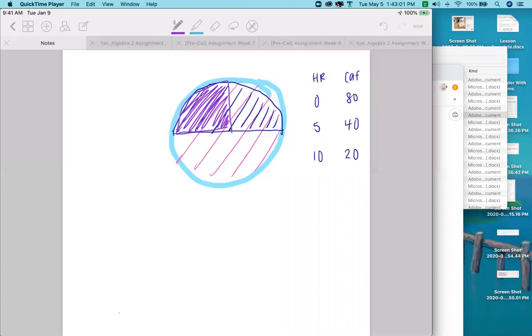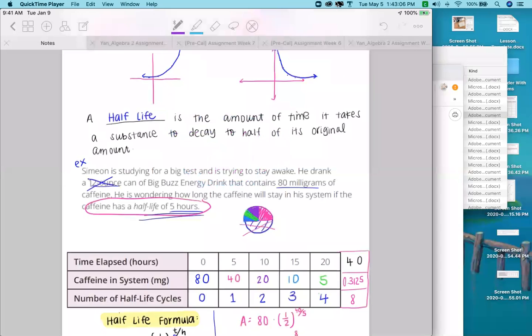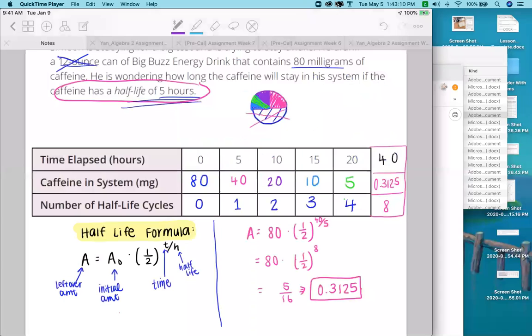And there's a formula for that, which is down here at the bottom. The half-life formula is A equals A sub 0. This is what we did earlier in green. This is your original amount. Since we are dealing with half-life, this number inside the parentheses is always going to be 1/2.